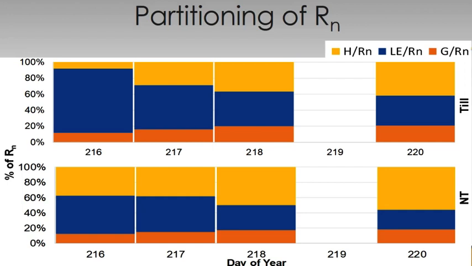On the first day, latent heat flux, especially in our till soil surface, dominated the energy partitioning of net radiation, and as the soil dried, latent heat flux, the energy going to evaporating water, also decreased.